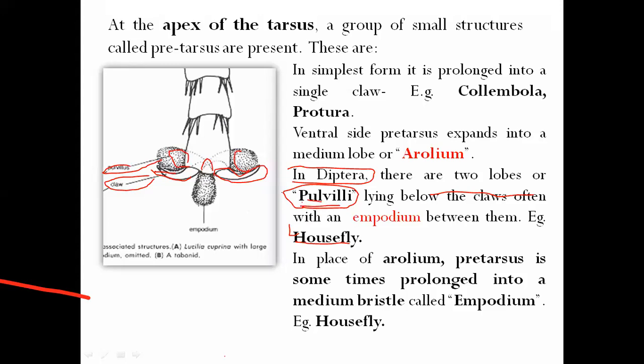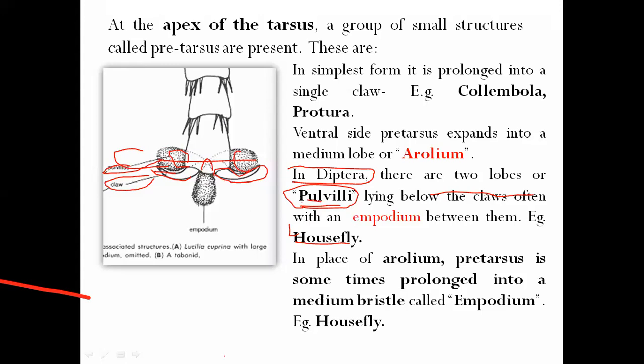That means that there is the presence of 2 pad-like structures. This one, okay, and these pulvilli are present in between the empodium, just below the claws. These pulvilli are helpful in the housefly to secrete a sticky substance.